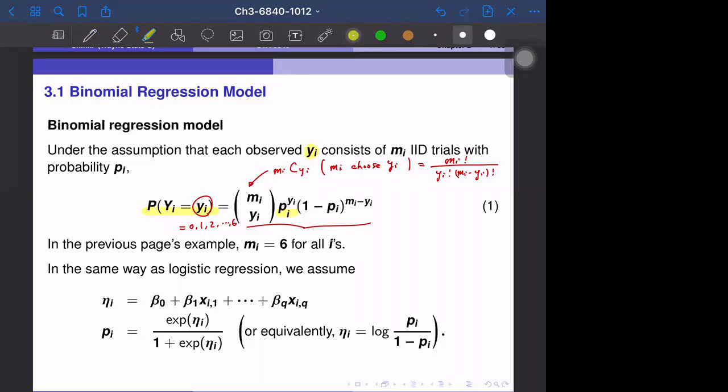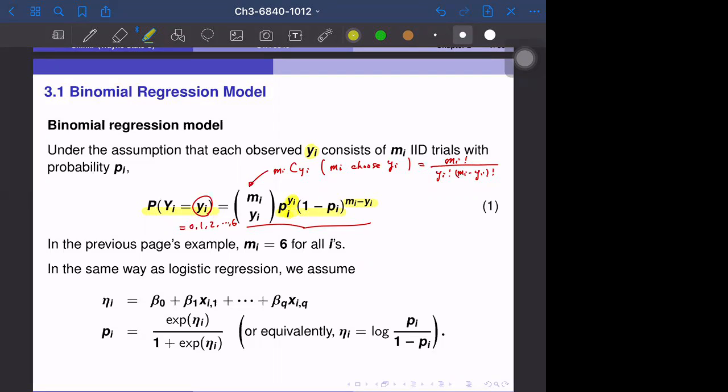Statistically speaking, yi is the number of successes. In our specific example, the failure of an O-ring is called a success. For each success, we multiply by the probability pi, and for each failure, we multiply by the probability 1 minus pi.